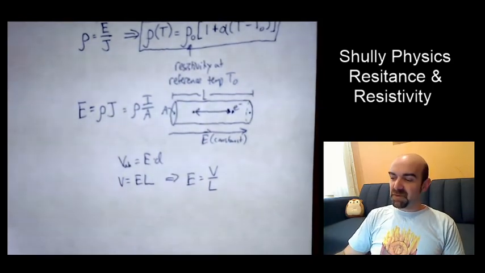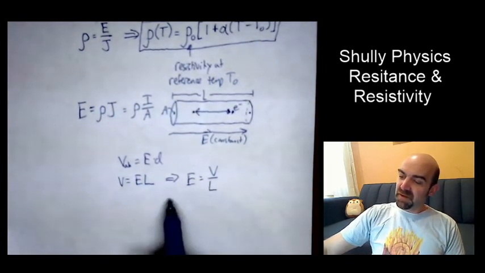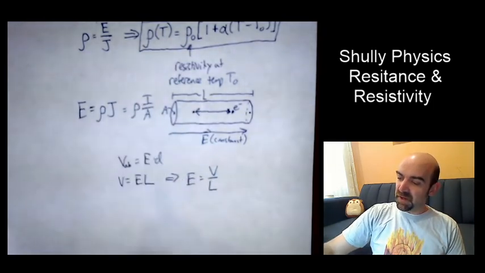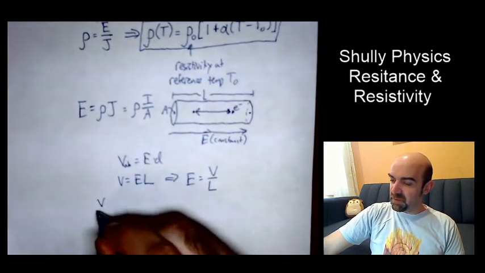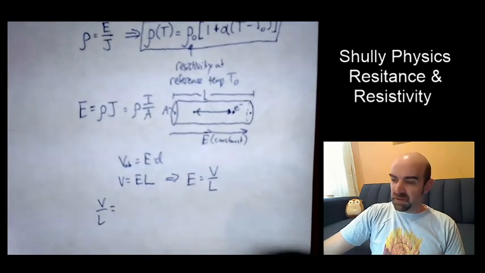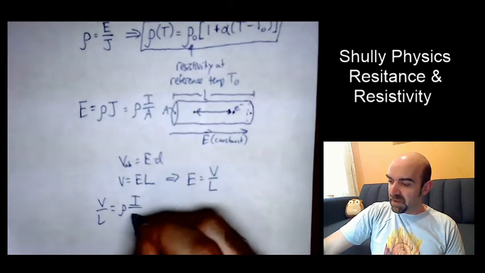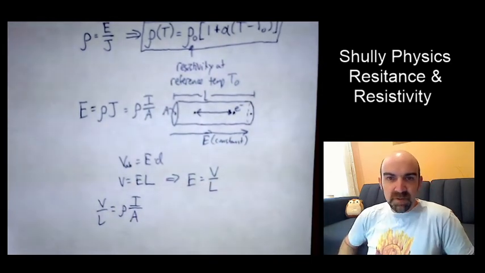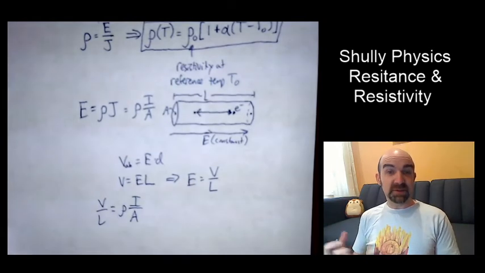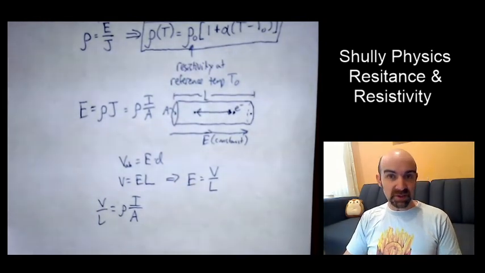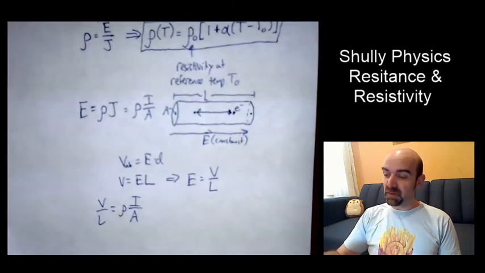Okay, so now let's take that, substitute it up here, set it equal to this rho I over A, and what do we get? We get V over L equals rho I divided by A. Now let's take the electrical quantities and put them together, and put all the dimensional quantities and the properties of the wire together on one side.